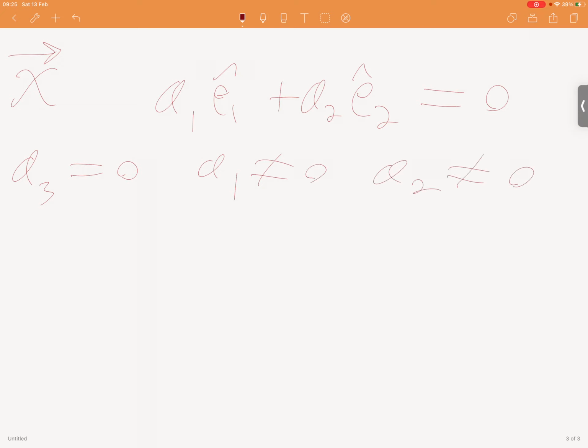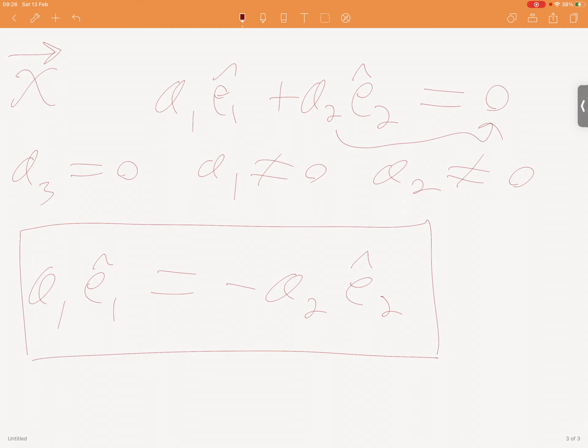Is that possible? But look at what you're actually saying by doing that. You're saying we can express a1 e1 hat as minus a2 e2 hat. You put this on the other side so that you get this.